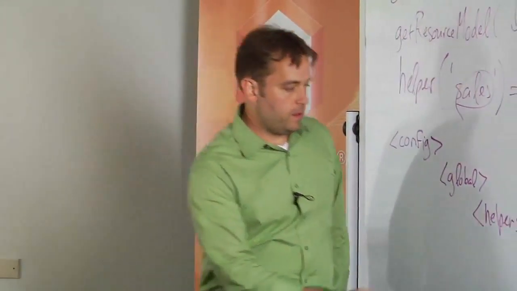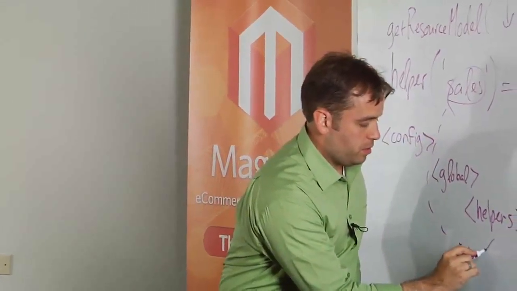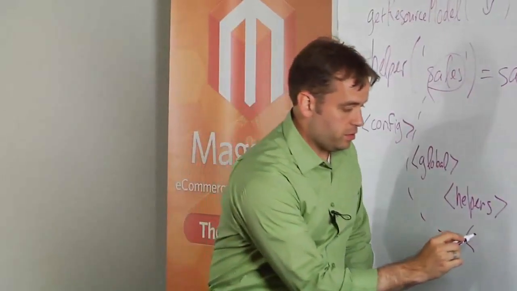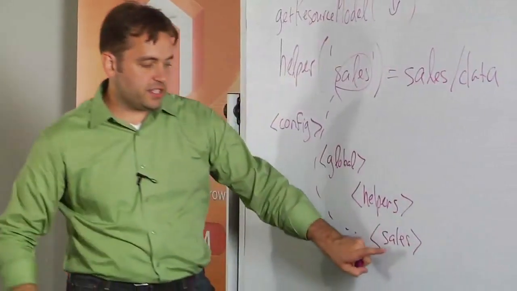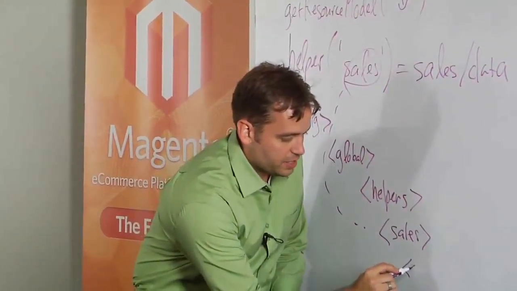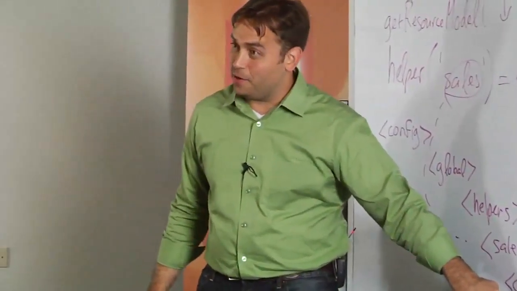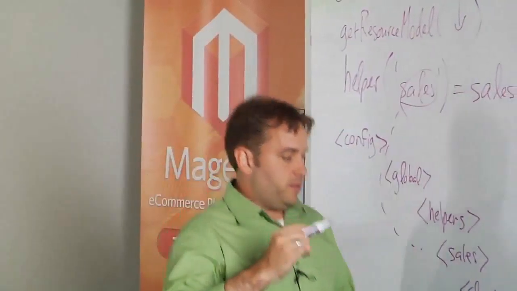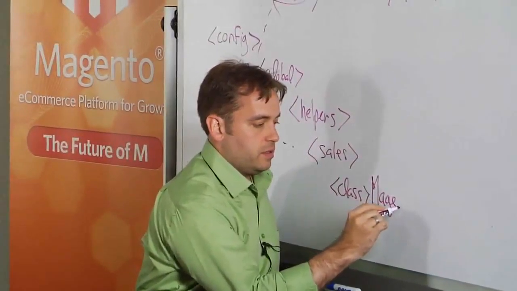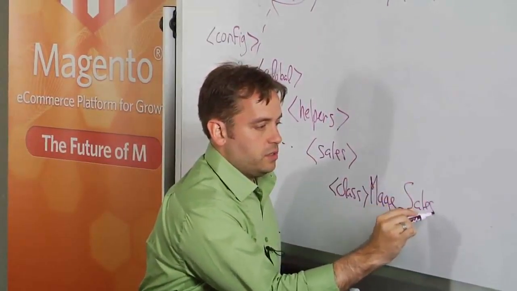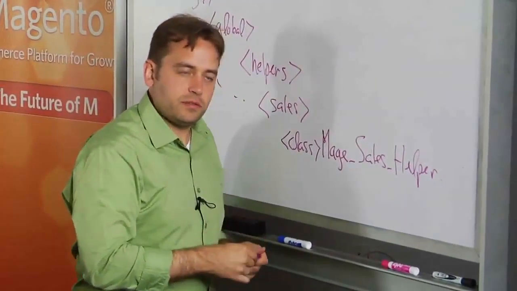Hopefully in our configuration structure we will have sales, and then inside sales, we look for class. And in that class node is where we would specify Mage sales helper. That's the connection.